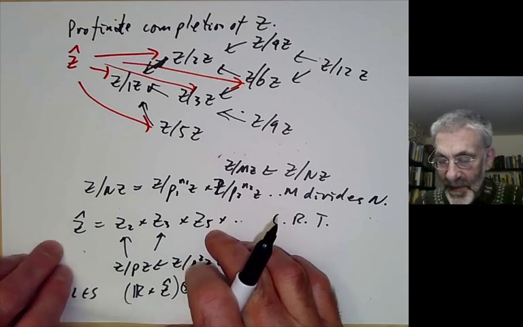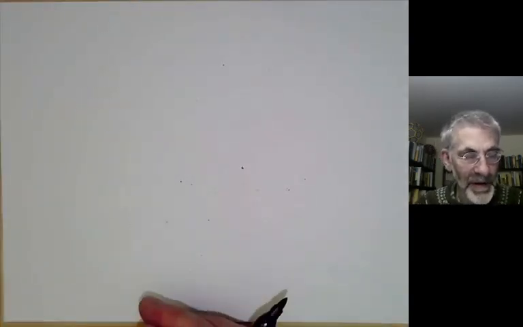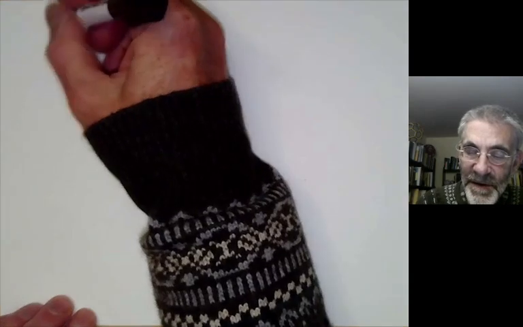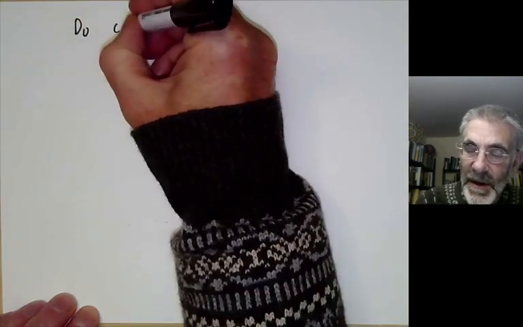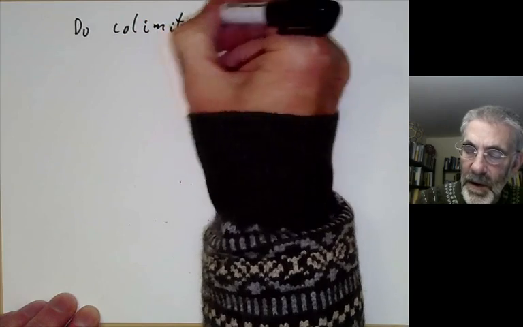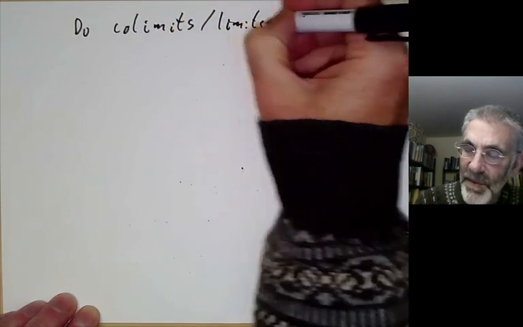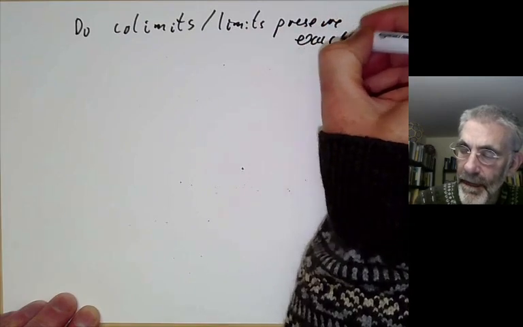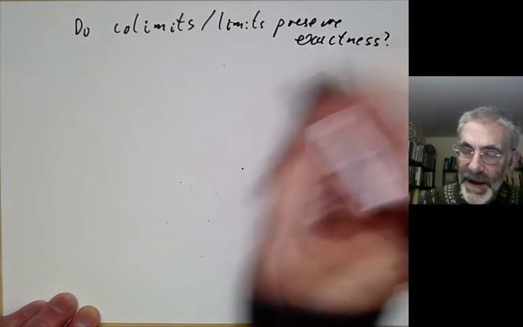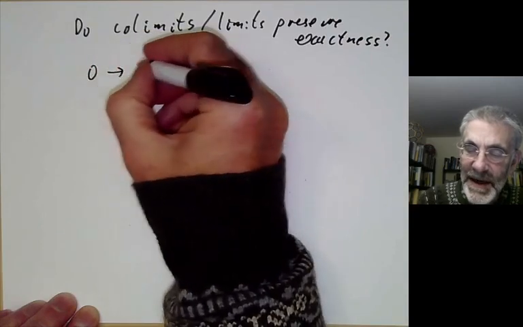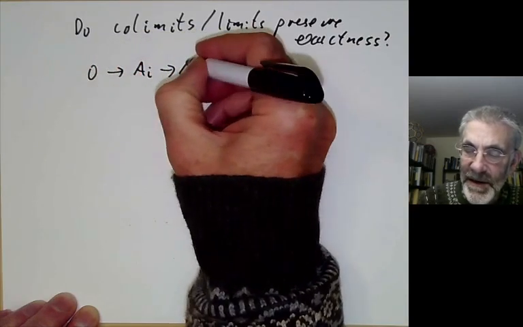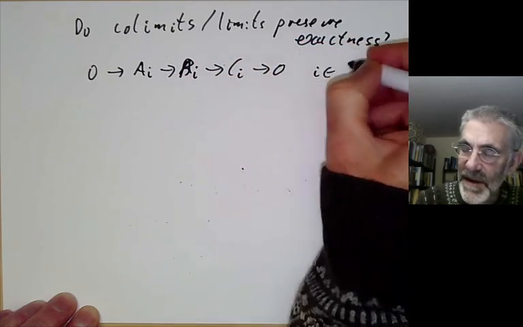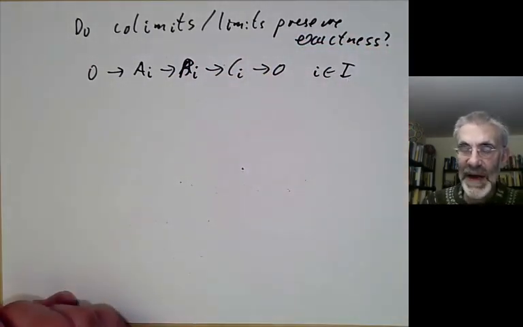Anyway, so that's some examples of inverse limits and colimits. So we now ask the following question: do colimits or limits preserve exactness? So in other words, suppose we've got various exact sequences, 0 goes to A_i, goes to B_i, goes to C_i, goes to 0, for i indexed by the objects of some category.